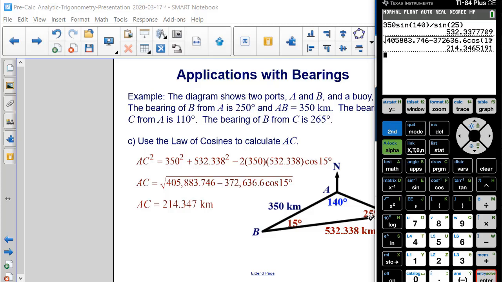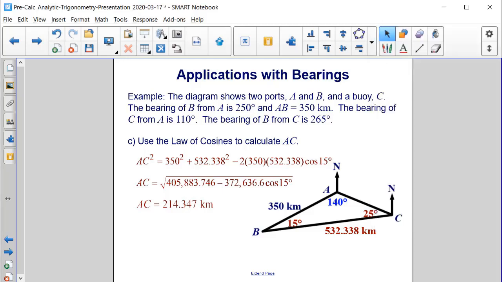The 5 rounds that 6 up to a 7. So we do end up getting that AC is equal to 214.347 kilometers.